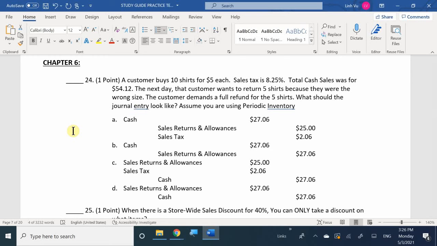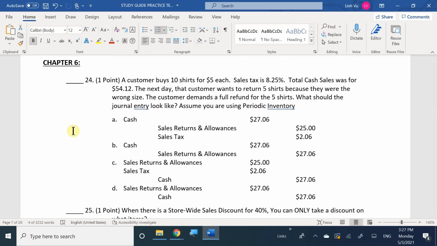Right, 2.06. Good. Okay, so here we're not charging our customer more money for the 5 shirts. So that's what A says, that you're charging the customer an additional amount for five shirts. So in this case, the question was asking, how would the journal look if I am going to issue the refund to the customer?